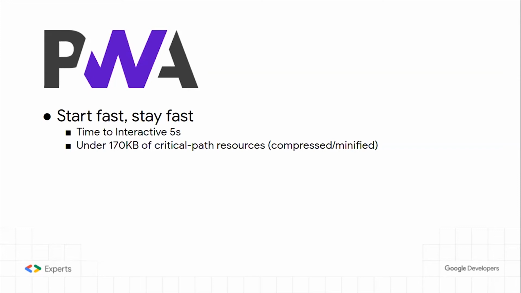So that means in gzip, it's 170 kilobytes. That is in a 3G network. It will take 5 seconds to load, parse, and execute your code in the browser.